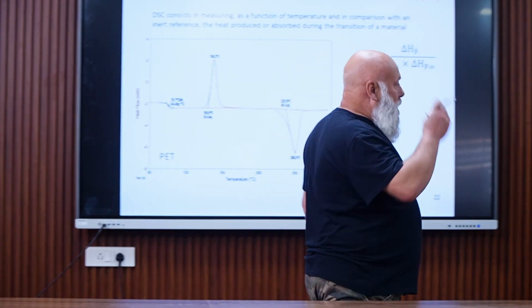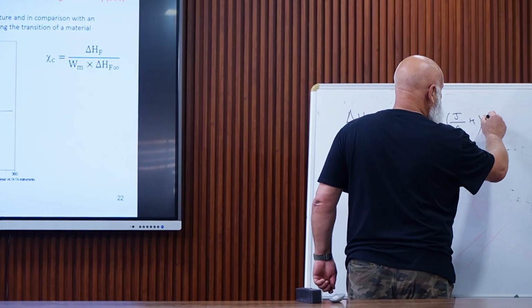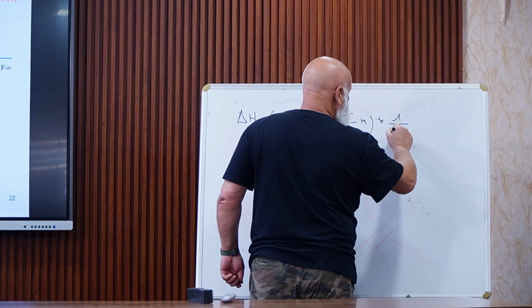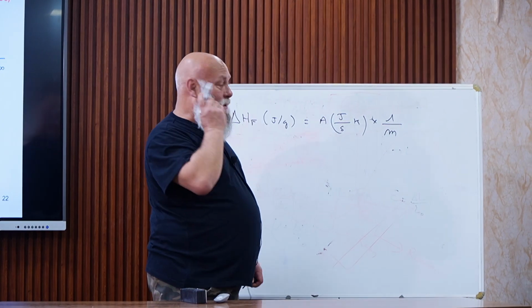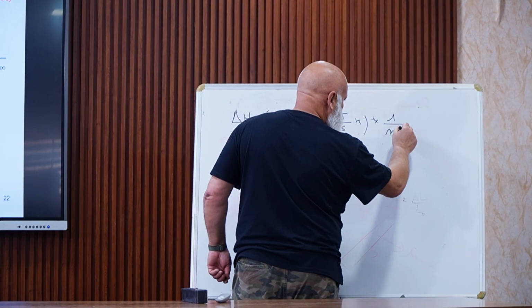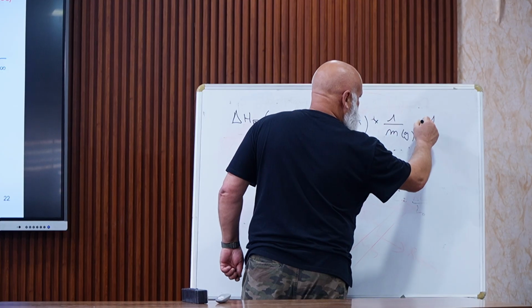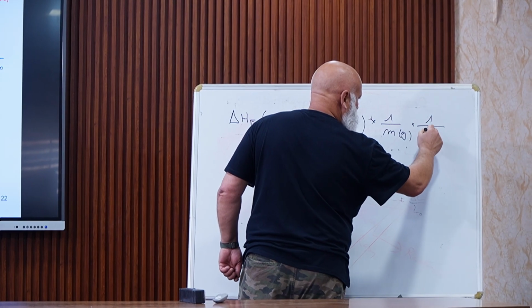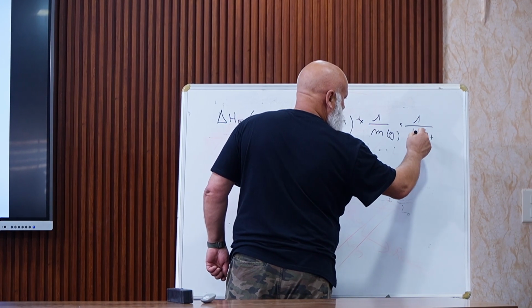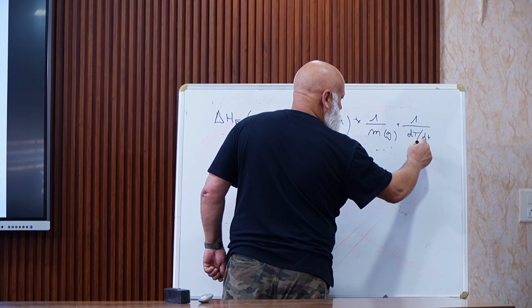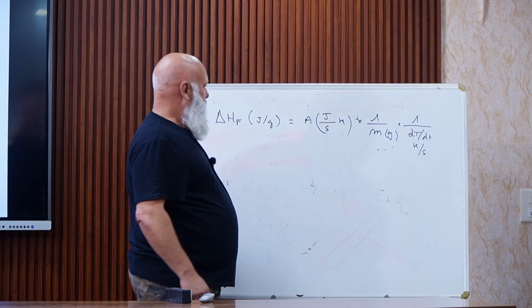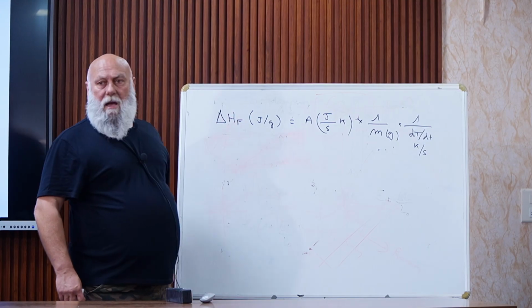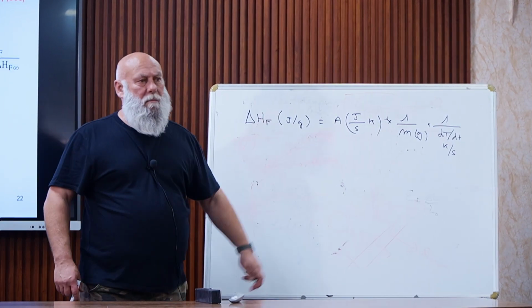And when normalizing this area by the mass, which is in gram or kilogram, and by the heating rate, which is in Kelvin per second, you can see that at the end you have joule per gram.